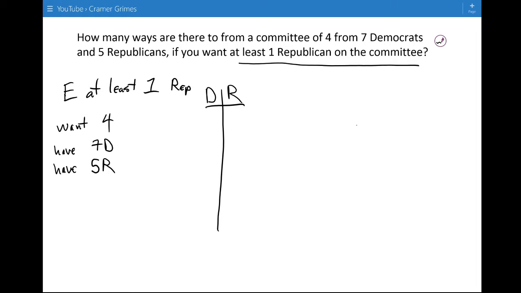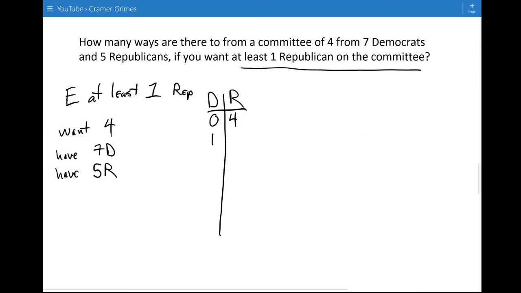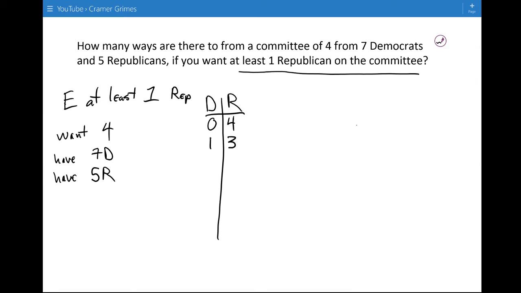So I'm going to start off with the fewest number of Democrats. That would be 0. And if I had 0 Democrats, that means I would have to have all 4 Republicans. If I had 1 Democrat, I would need 3 Republicans.